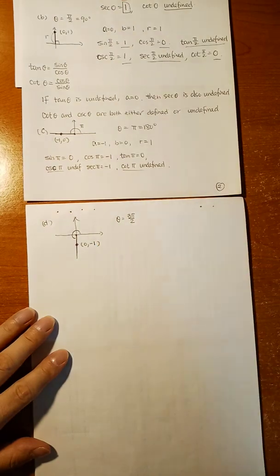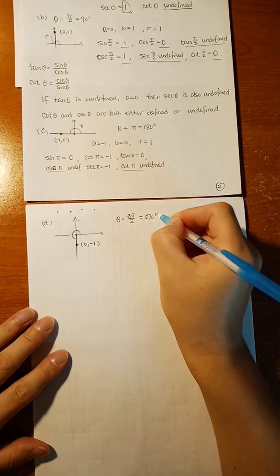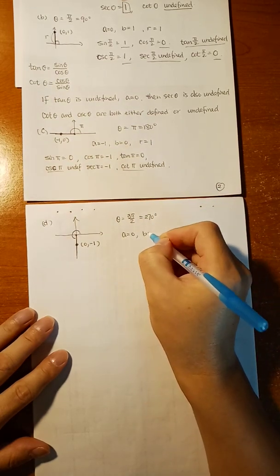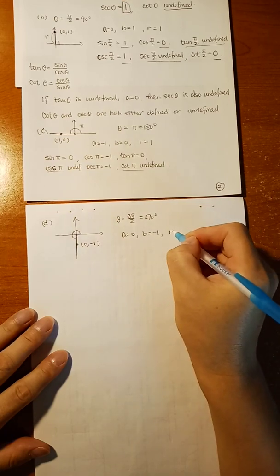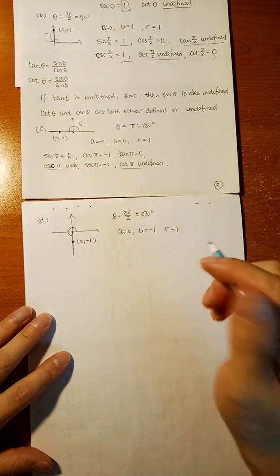This is 270 degrees. So A is 0 and B is -1. R is still 1. R is always positive. It measures distance, so it's always positive.